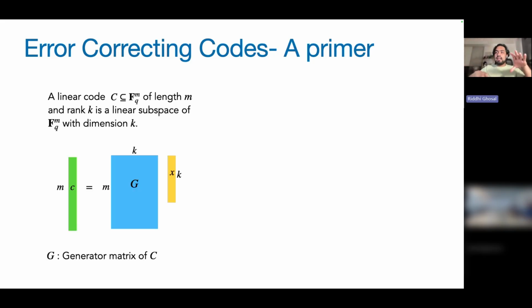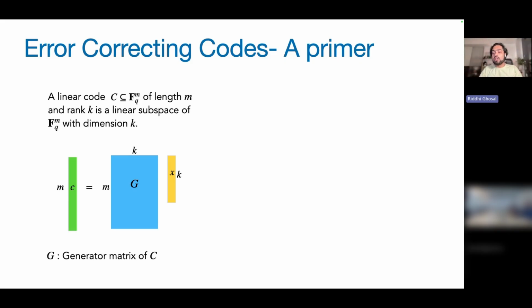The way you generate this code is you pick a random vector of length k and multiply it with a matrix G, which is of dimensions m times k. The output C is a member of Fq to the m, and it lies in this k-dimensional subspace.